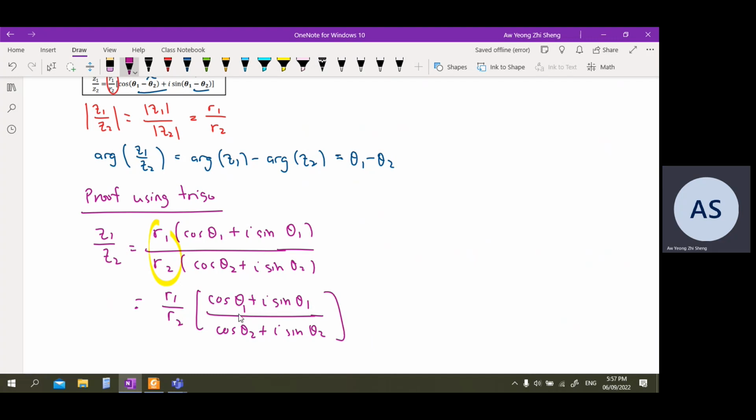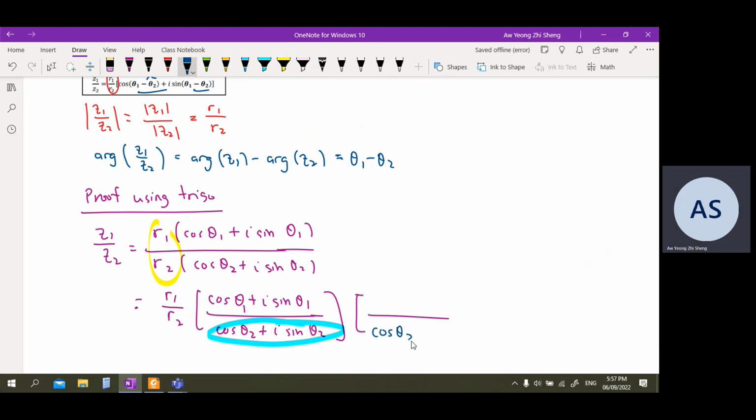This fraction at the back, I'm going to multiply by a fraction with the same numerator and denominator, where the same number that I will put at the top and bottom is the conjugate of the denominator here. It's just like how we would usually simplify a division by a complex number.